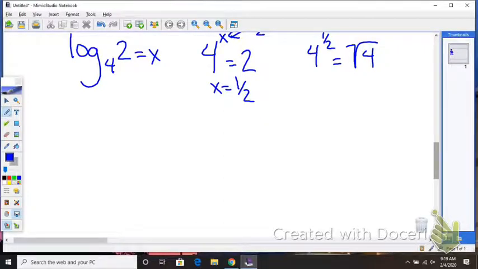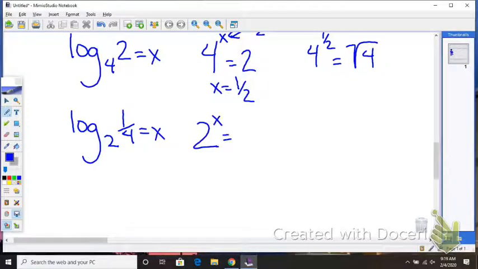So let's say I have log base 2 of 1/4 equals x. So I have 2 to the what power x equals 1/4.